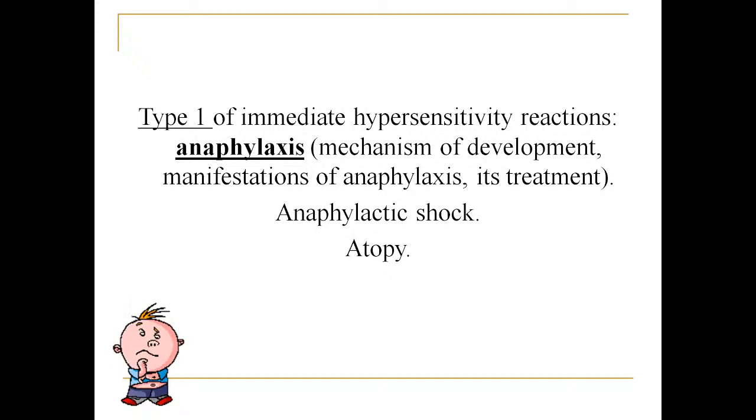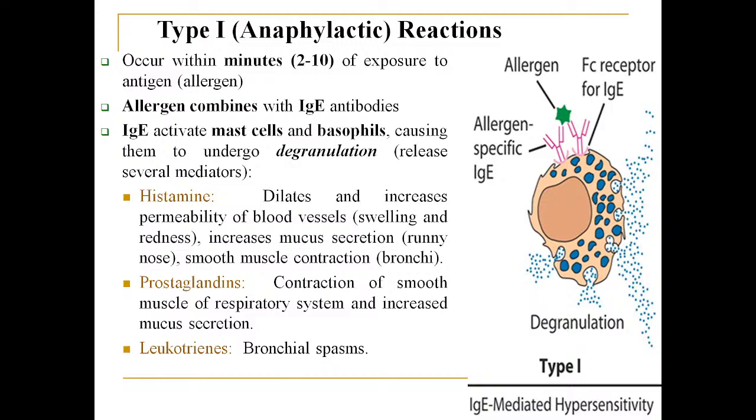So let's talk about type 1 of immediate hypersensitivity reaction, about anaphylaxis. Anaphylactic reaction, remember, type 1, anaphylactic. Type 1 anaphylactic reactions occur within minutes, from 2 up to 10 minutes of exposure to the antigen, allergen. What happens? When the allergen enters the human organism, it combines with IgE antibodies.